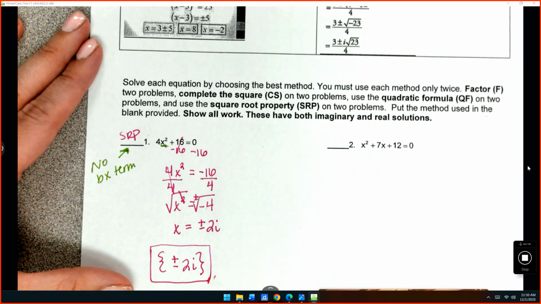Oh, 6 and negative 4, that adds up to positive 2. So what about 4 and negative 6? That adds up to negative 2, right? So that means the answer is yes, so it will factor. So I'm going to put an F here. So that one's going to factor. Okay? And I'm going to let you solve it in a minute, but let's just figure out the methods for the others, okay?